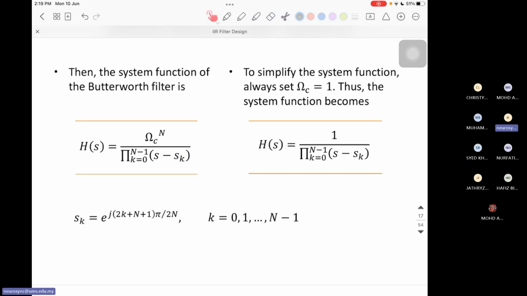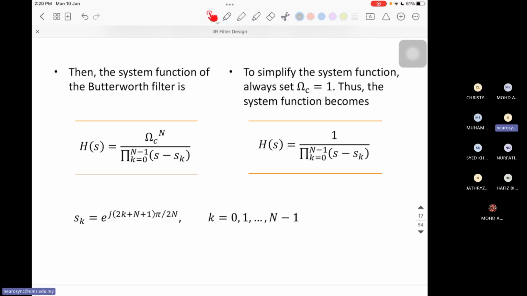If I do the product, I get the denominator part of the filter transfer function, and in the numerator I will have Ωc to the power n. What is sk? I can find sk with this. Here Ωc is not multiplied into sk, because Ωc to the power n is written separately in the numerator. So sk is e to the power j(2k + n + 1)π divided by 2n.